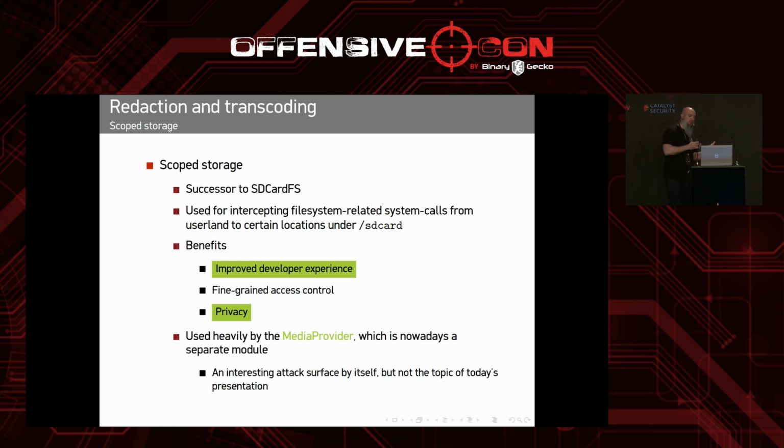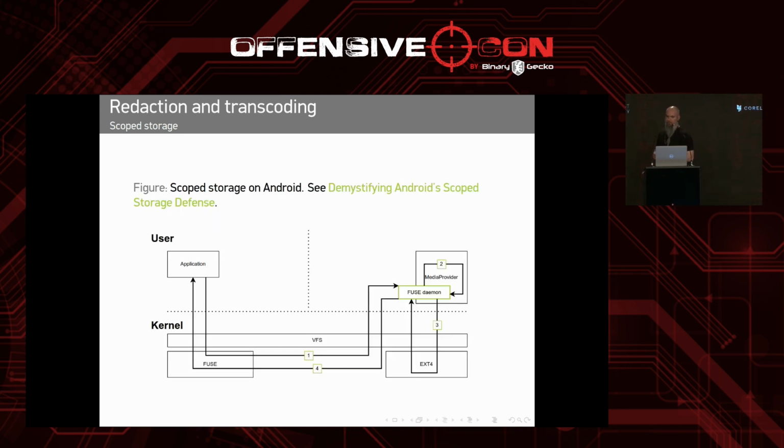The media provider, of course, is a very interesting attack surface by itself. The benefits it offers compared to its predecessors are improved developer experience, fine-grained access control, and increased privacy. And the two I have highlighted are actually the features that our techniques are based on.